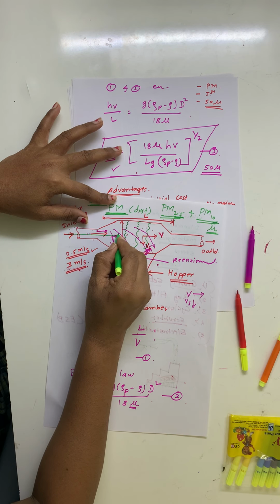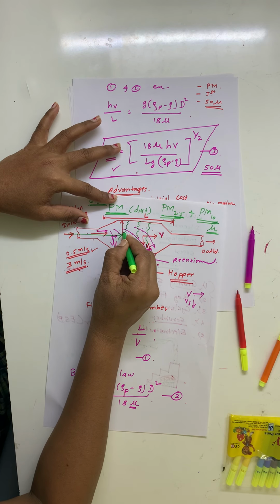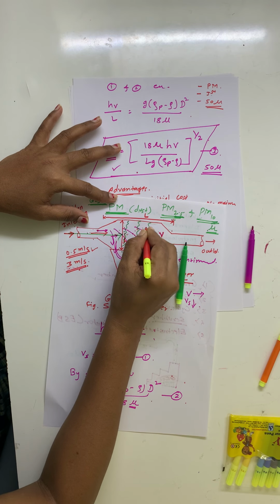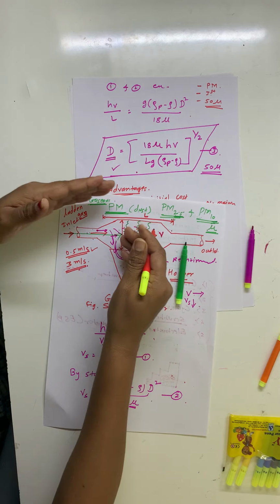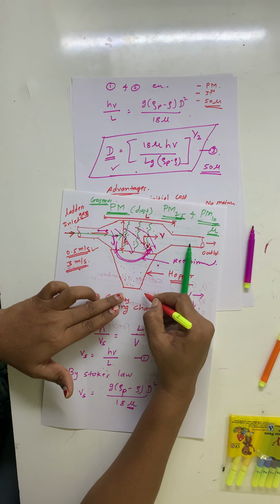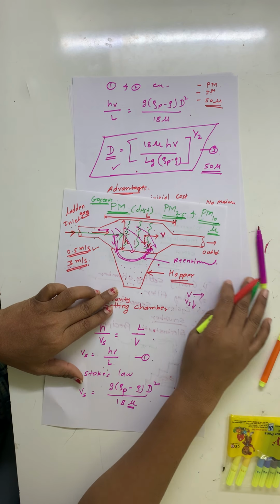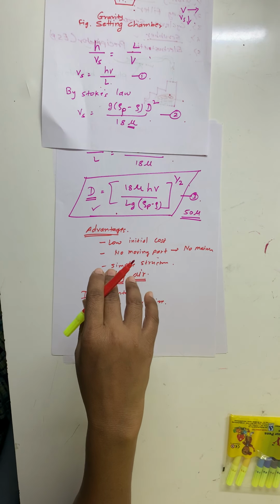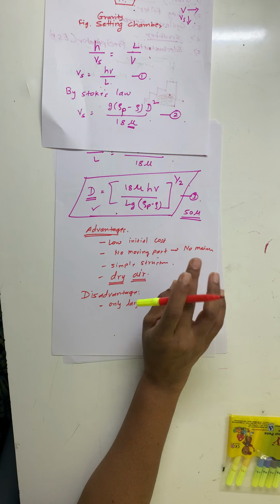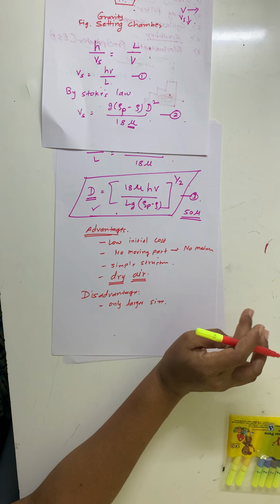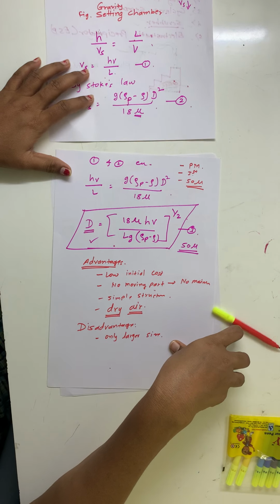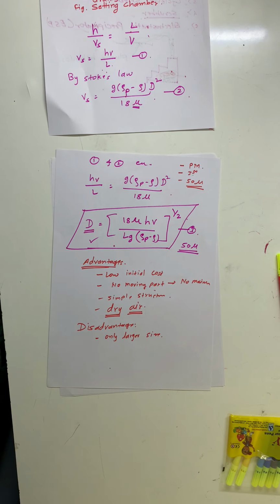When the laden gas comes, the particles will strike the hanging curtains and start falling down into the hopper bottom. This way we can increase the efficiency of the settling chamber. So this is about the gravity settling chamber.